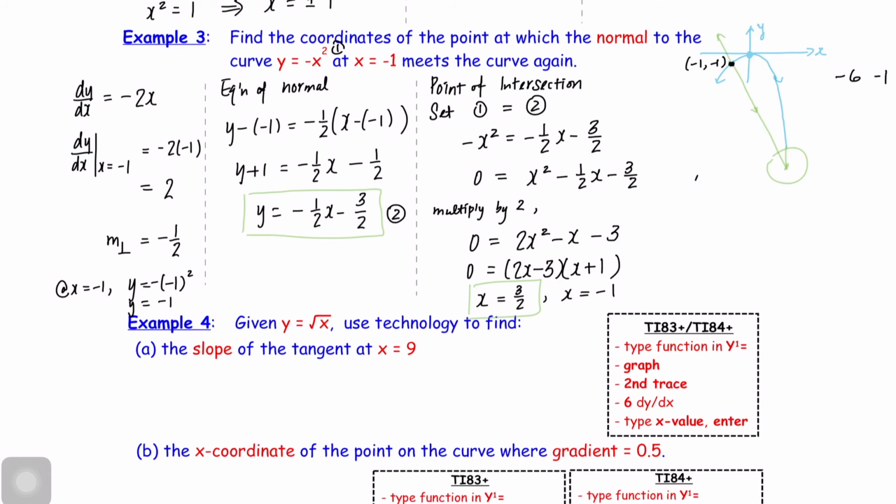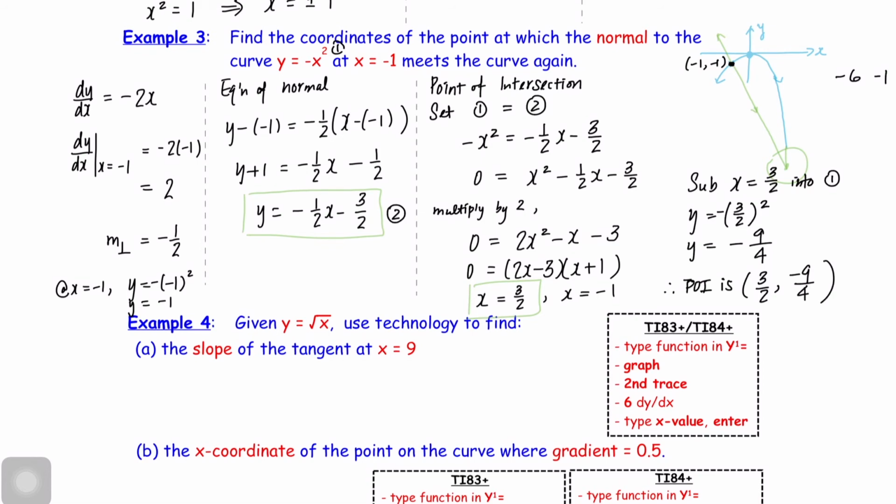And then we sub x equals 3 over 2 into the easier equation, probably equation 1. We have y equals negative 3 over 2 squared. This works out to negative 9 over 4, which kind of makes sense if you look at the diagram, look at our sketch. And therefore the POI is 3 over 2, comma, negative 9 over 4. Okay?